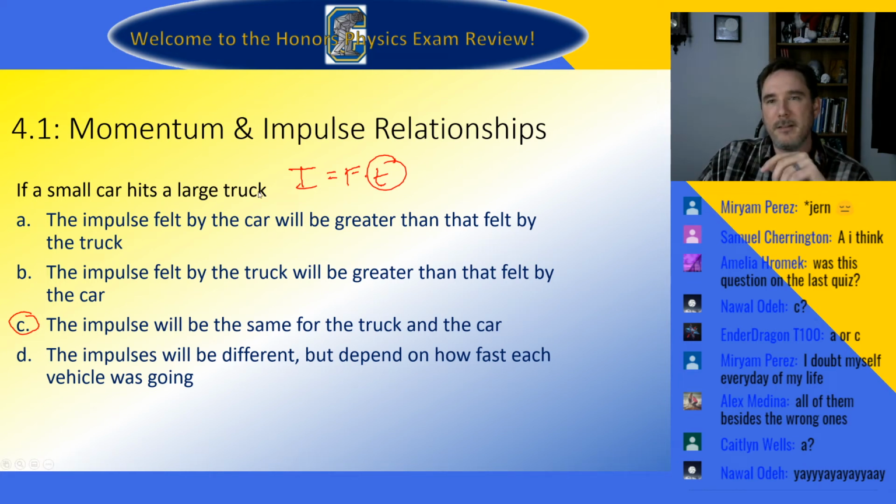So, point is, the time is going to be the same. And the thing that's also going to be the same is the force. That goes back to Newton's third law, where for every action force, there's going to be an equal and opposite reaction force. It's like when the bug splatters on the windshield from that last test. They're both going to feel the same amount of force. The bug is going to accelerate a lot more, going back to unit 3, 2.